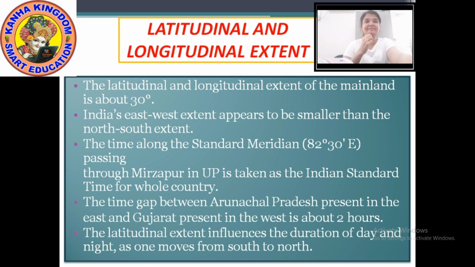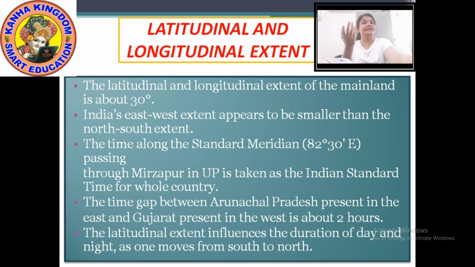If you want to see the standard meridian on the map or on the globe, you can see it on 82 degrees 30 minutes east. This standard meridian passes through Mirzapur, that is in UP, and it is taken as the Indian Standard Time for the whole country.